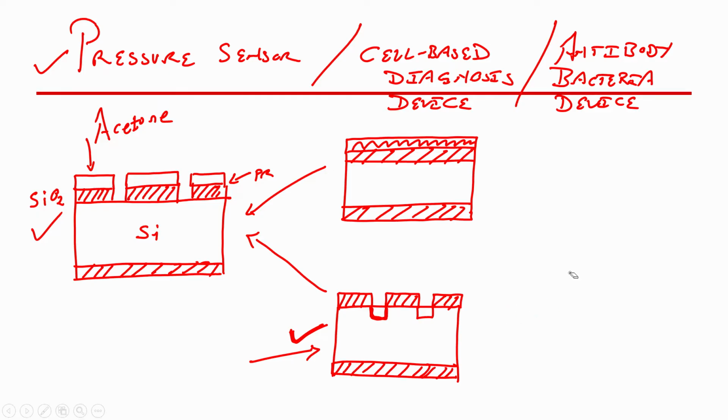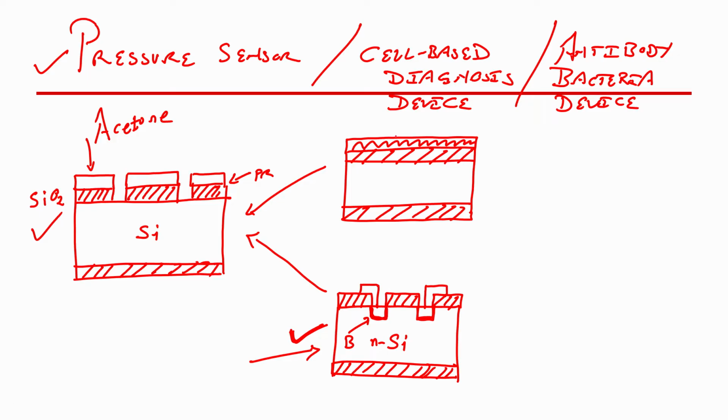So, this is silicon and I am doping a piezoresistive material inside the silicon, maybe boron. If it is n-type silicon, I will dope boron, and then I will take out the contact somewhere so that I can use it as a sensor.